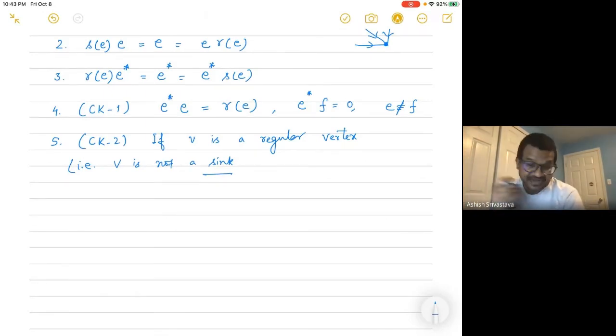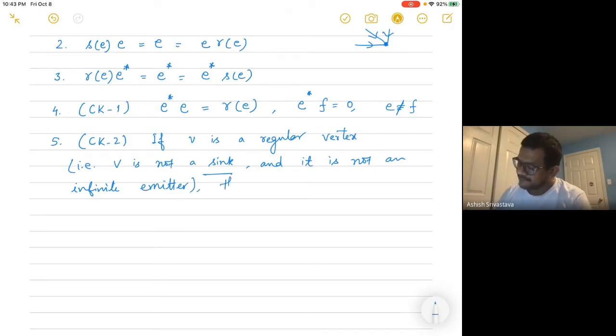So it emits at least one edge, and it is not an infinite emitter, so it doesn't emit infinitely many edges. So if v is a regular vertex, that means v is not a sink and it is not an infinite emitter.